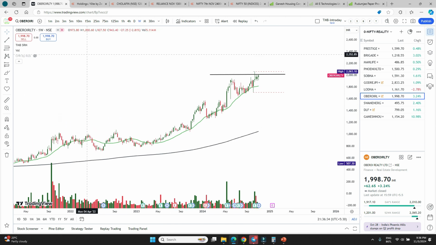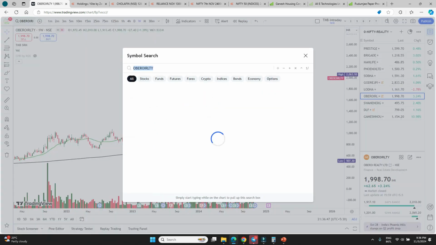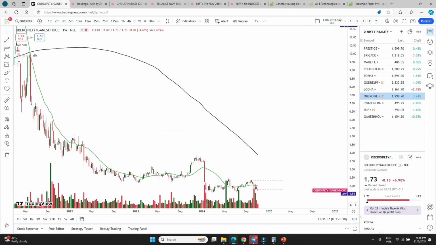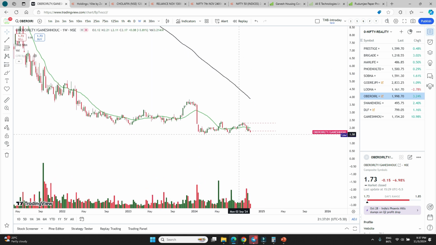Now we have selected these two stocks which are looking very bullish. Even within these two stocks, you can check which one is better. This is the ratio chart.